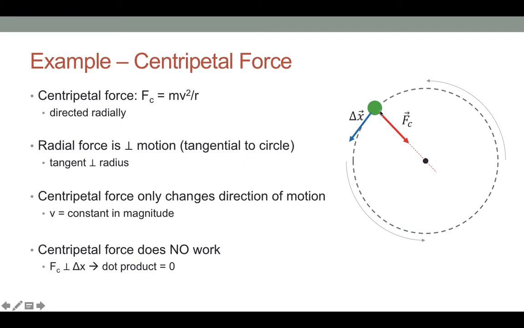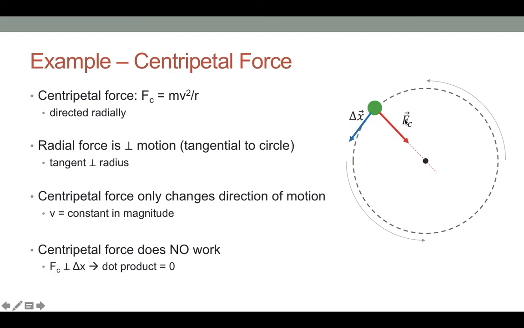The motion is tangent to the circle, so this blue vector right here represents the velocity, and the displacement is always parallel to the velocity. So if the object is moving in that direction, the displacement is in this direction. That means the force is radial, the displacement is tangential, and the angle between a radius and a tangent is always 90 degrees.